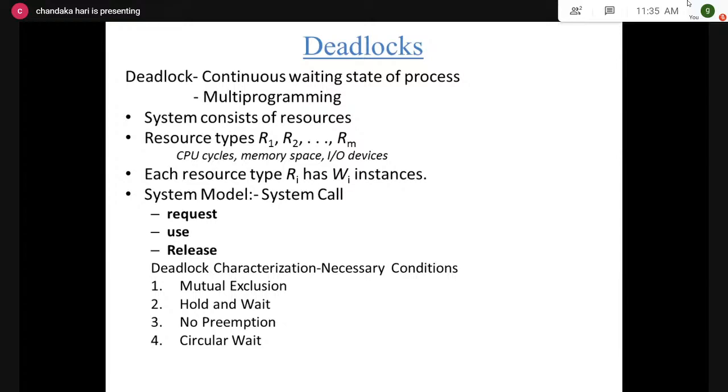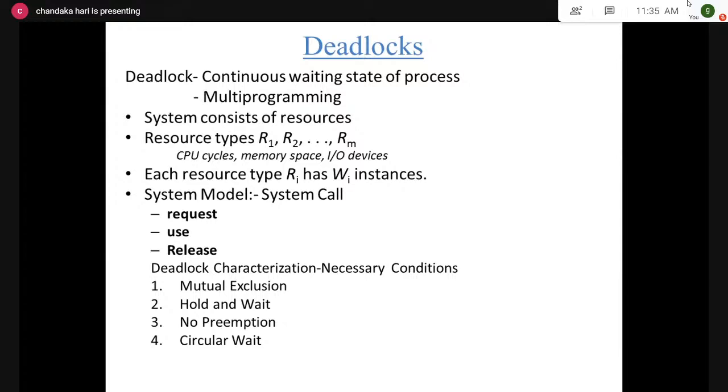Now, in order to enter into a deadlock state, any one of the conditions is sufficient. But the beauty in this is, once the deadlock is obtained, if you verify it, all 4 conditions simultaneously hold.